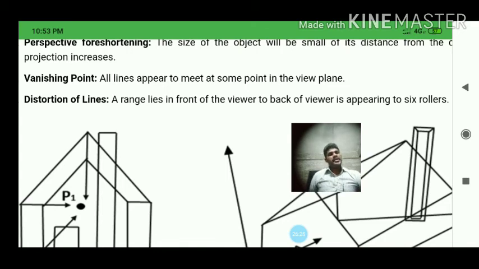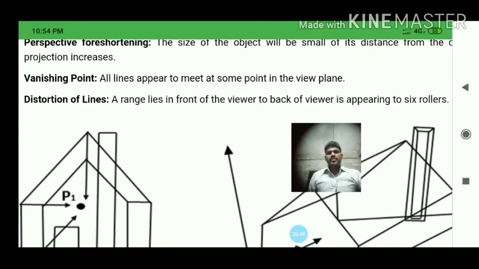What is the vanishing point? All lines appear to meet at some point in the view plane. Already we discussed, when you observe the railway track, the spectator observing the railway track, the two parallel lines are joined at a point in a view plane.